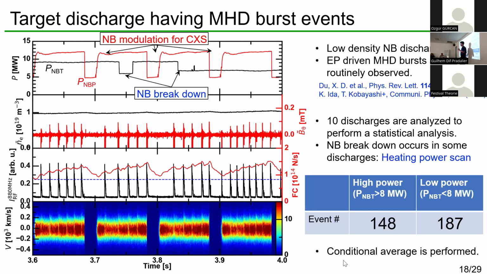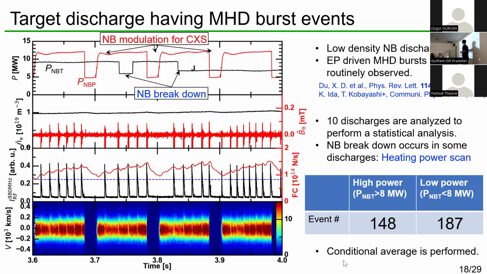The perpendicularly injected neutral beam is used as a probe for charge exchange recombination spectroscopy, so we intentionally modulate this power to reduce the background emission. The black one is the heating power of the tangential NBI, and this sometimes experiences natural breakdown. We use this natural breakdown for the power scan experiment in our data.